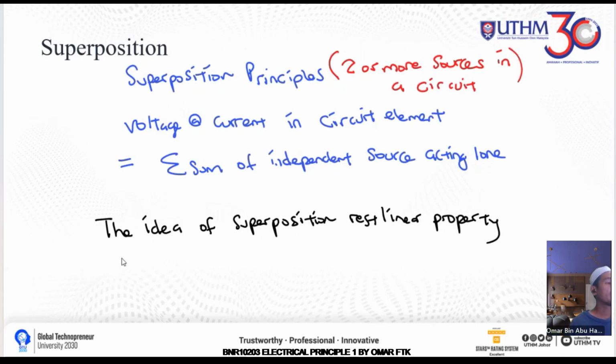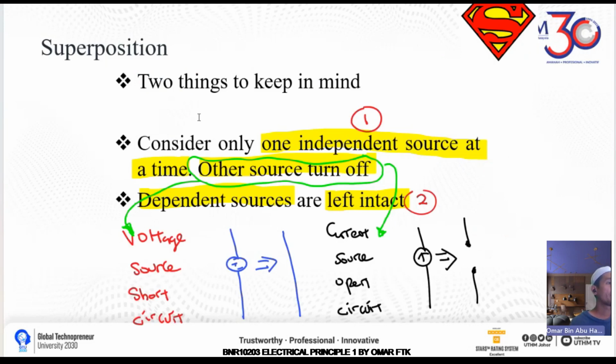So this idea of superposition depends on the linear property. That's why the first thing we looked into was the definition of the linear property. Two things you have to consider in your mind when you want to do the superposition.